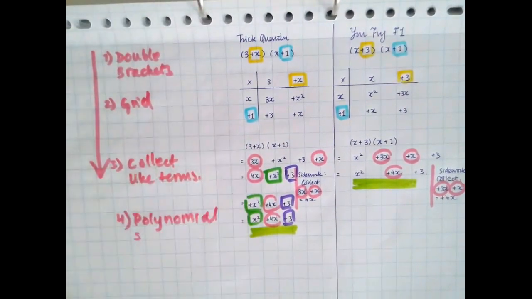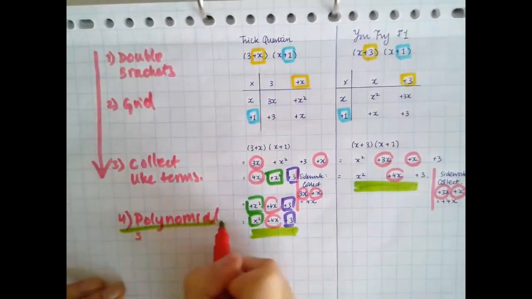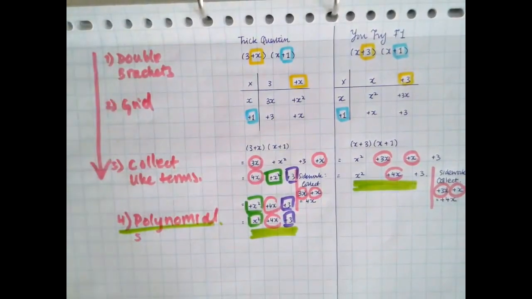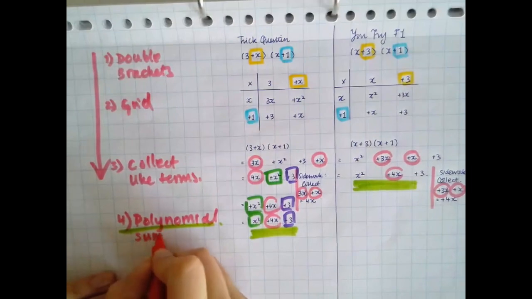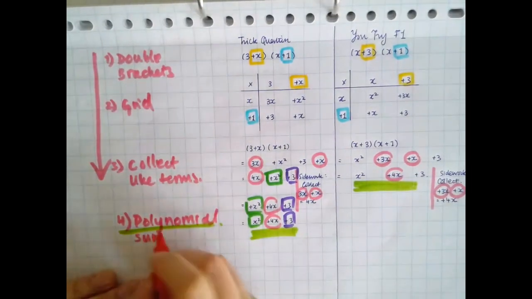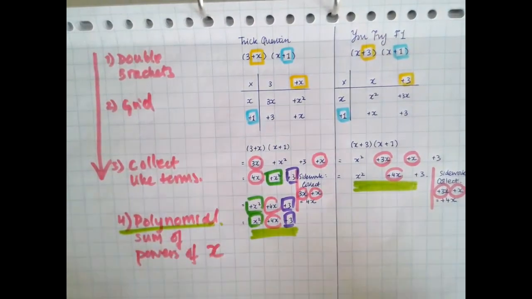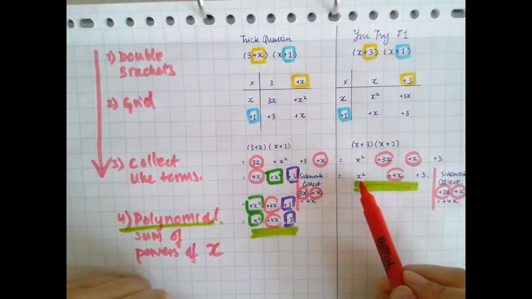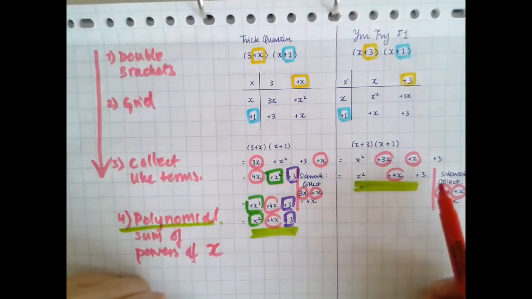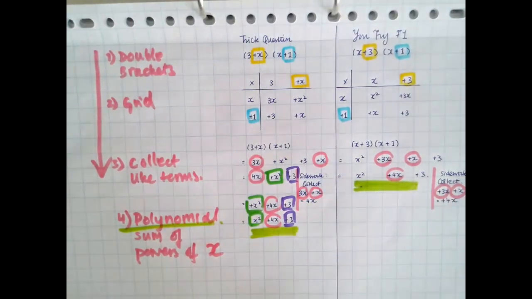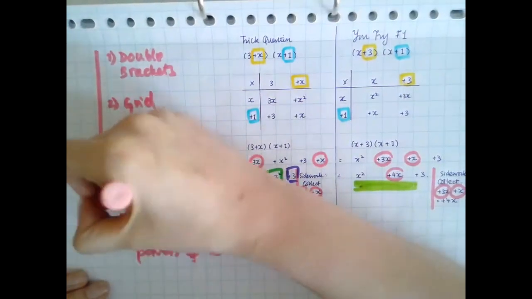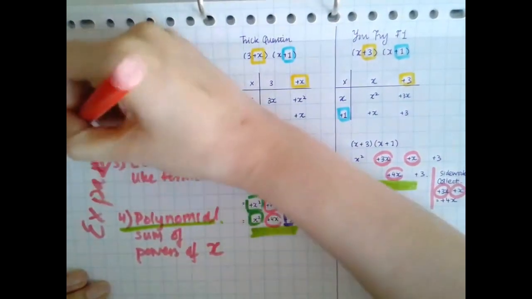So that was the thing I was highlighting every time in green, was our polynomial. And just a quick definition for our polynomial, it's a sum, adding or subtracting, a sum of powers of x. X to the power of 2, this is x to the power of 1, and x to the power of 0. So you've got powers of x. And that is how you expand double brackets.